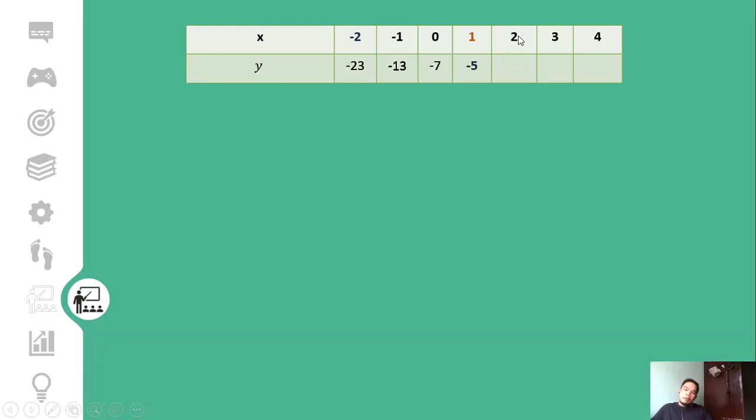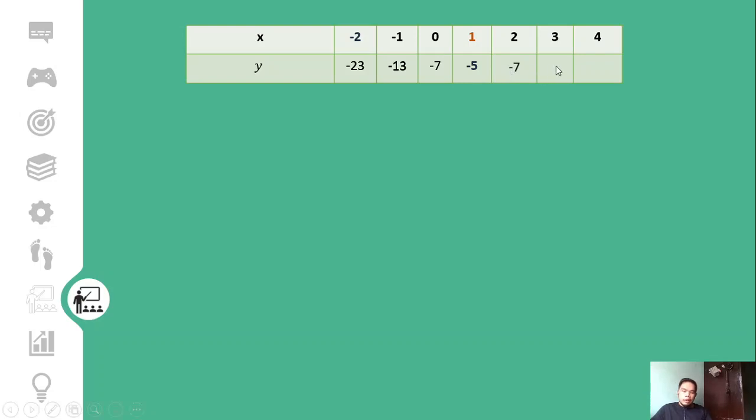Para malaman mo kung ano ilalagay sa baba ni 2, titignan mo lang kung ano yung number na nasa left side ng vertex natin sa y. Since ito yung vertex natin, -5, ano yung nasa left side niya? -7. So therefore, ang ilalagay mo dito ay -7.